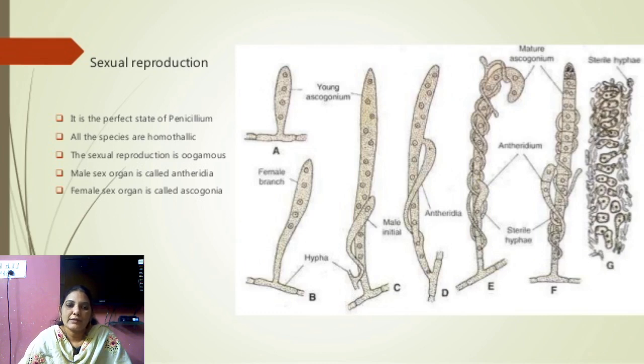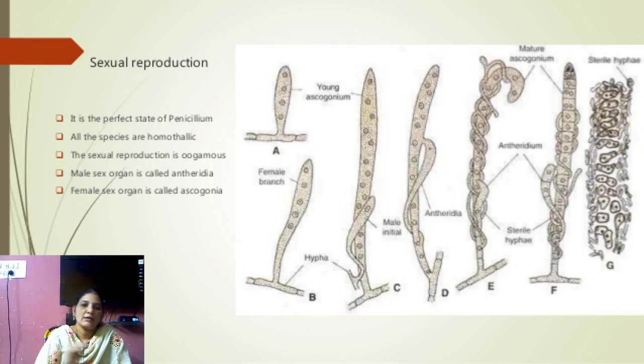When the antheridium attaches with the ascogonium, there is no involvement of the antheridium, only the ascogonium nuclei come together and fuse with each other, and they form a zygote, a binucleate. So the binucleate fuses and forms a diploid nucleus.